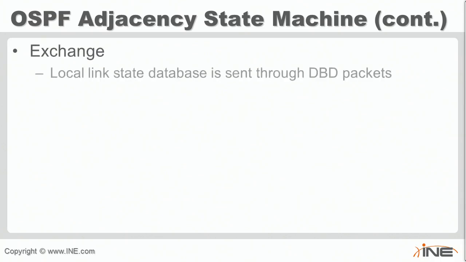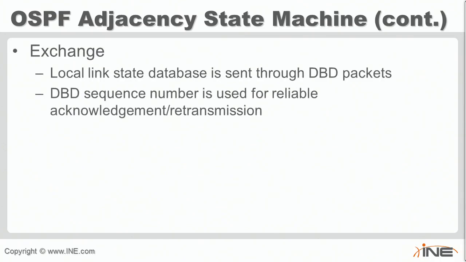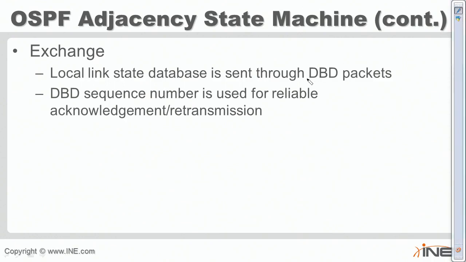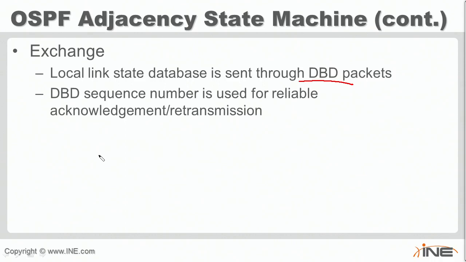Then we go to the exchange state. This is where we're actually sending the information about the database. And this uses what is known as the database descriptor packets, or the DBDs. A database descriptor is then going to basically tell the routers what are the different links that I know about.